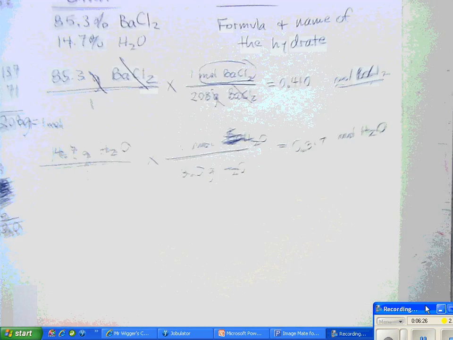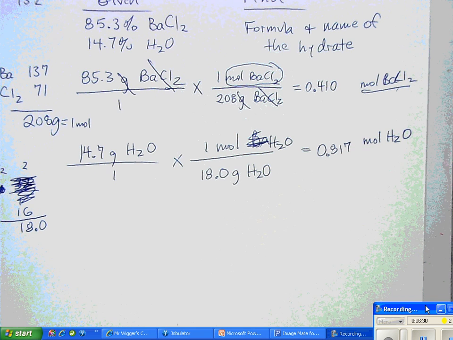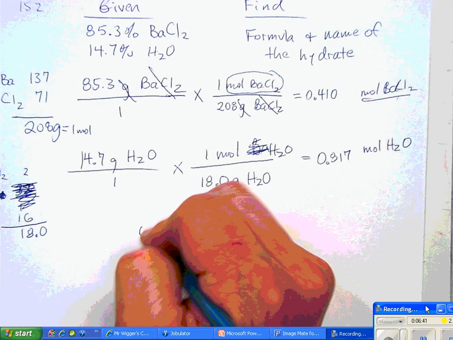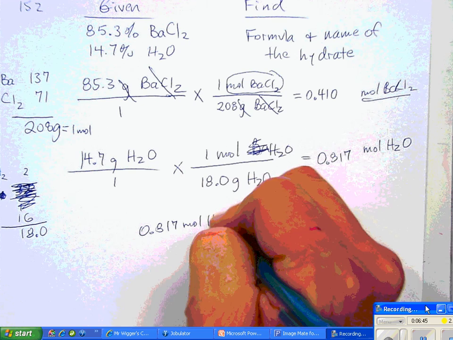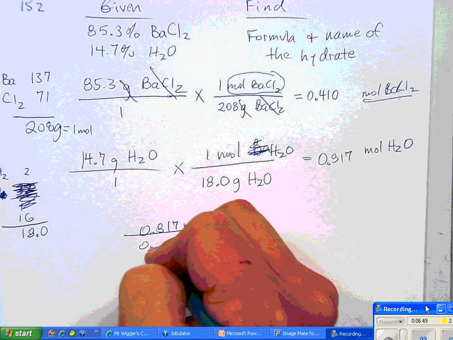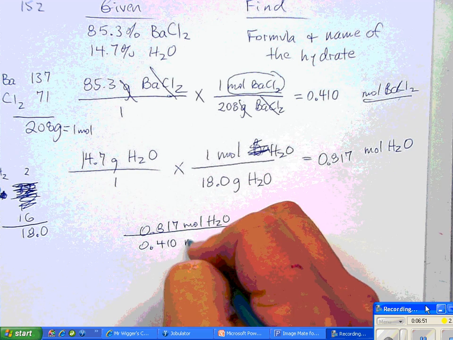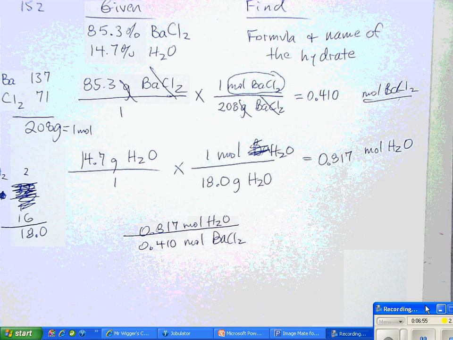Okay, now look on your data sheets that you're going to do the calculation on tonight, and who is going to be on the top of this last calculation? H2O. Good. So we have 0.817 moles of H2O, and we're going to divide that by 0.410 moles of barium chloride. Now, look the way this works out.